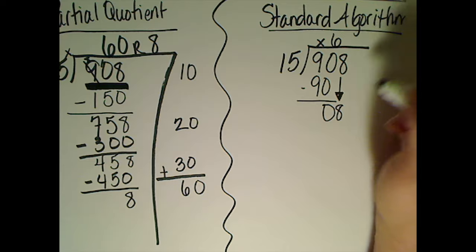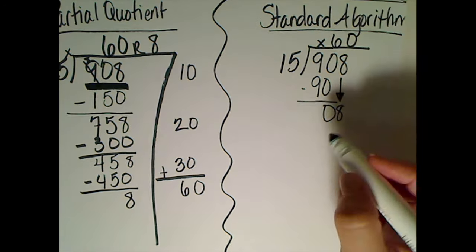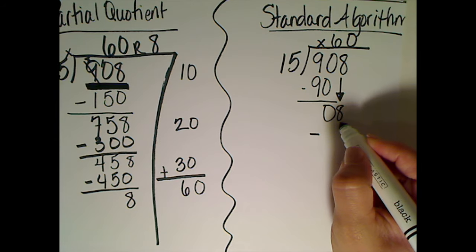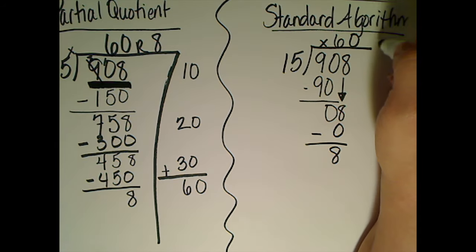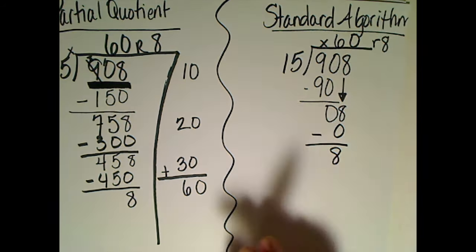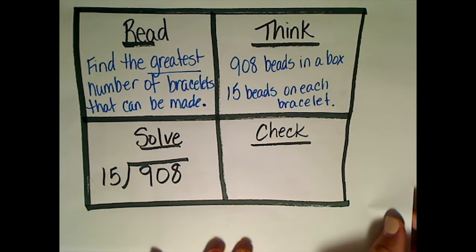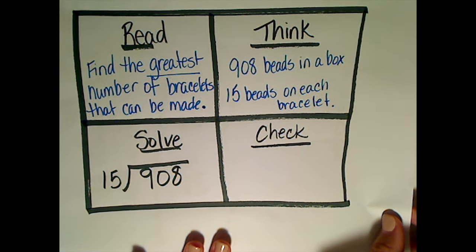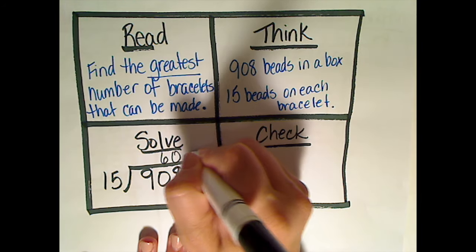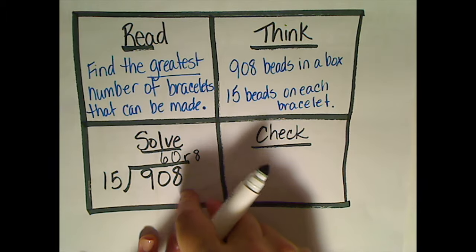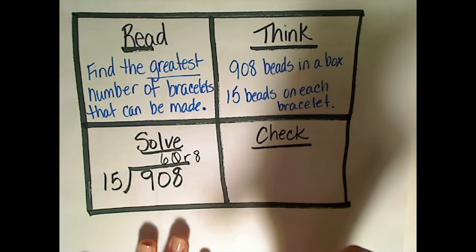How many times can 15 go into 8? 0. 0 times 15 is 0. Subtract, you get 8. 60, remainder 8. Okay, so the answer is, after we solved, 60, remainder 8. Remember, make sure your place values, the ones is over the ones, the tens is over the tens.